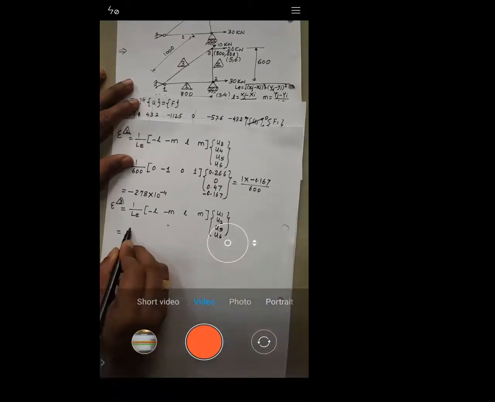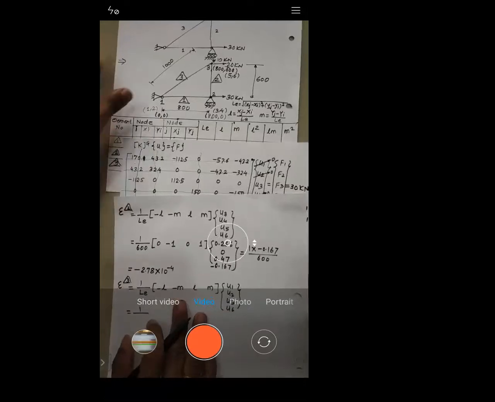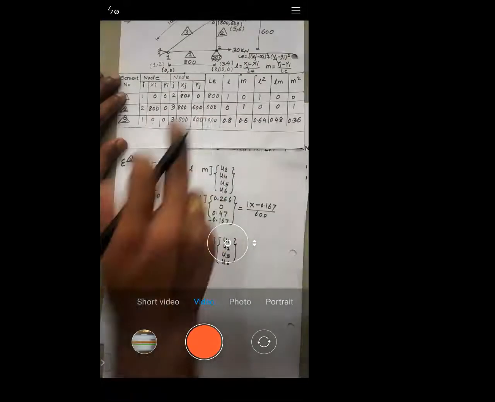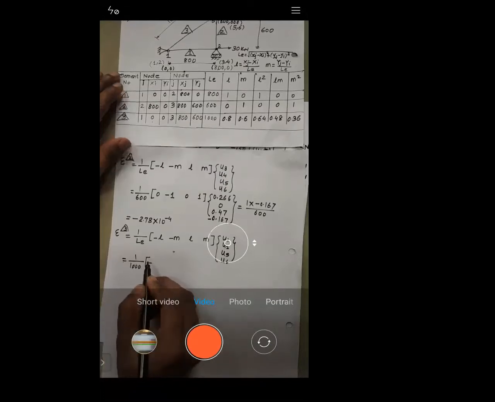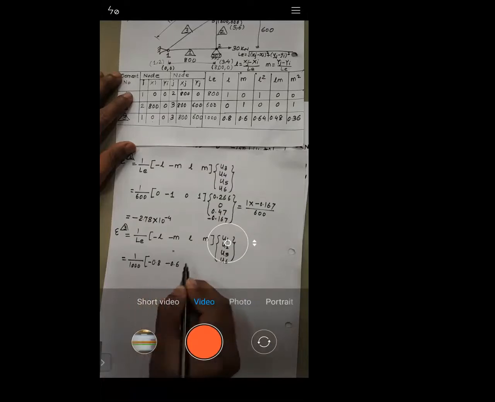Now what is the length of this element? The length of the third element is 1000, into minus L. Minus L is minus 0.8. Minus M is minus 0.6.